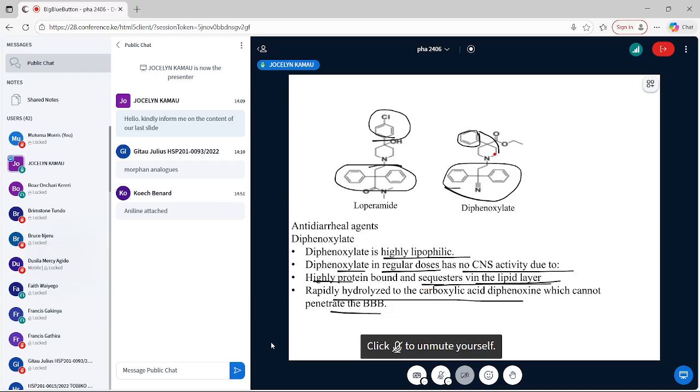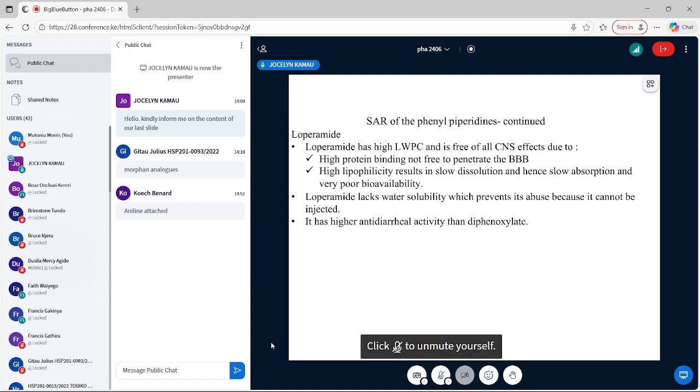The hydrolysis of the ester gives us diphenoxin, which has high water solubility. We are talking about the case where you give it in very high doses, and we know we also have patient variation. Even if in a certain patient a little of it is absorbed, it undergoes very rapid hydrolysis, so it will not penetrate the BBB, and therefore it gives minimal or insignificant toxicity.